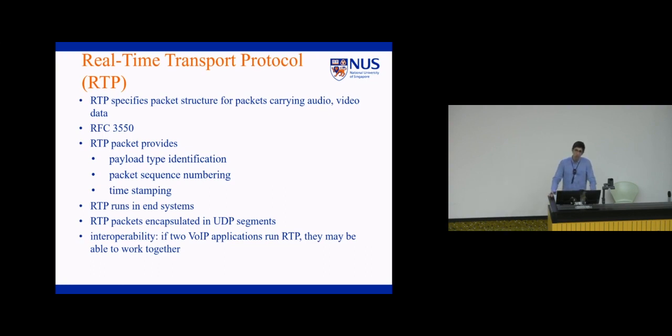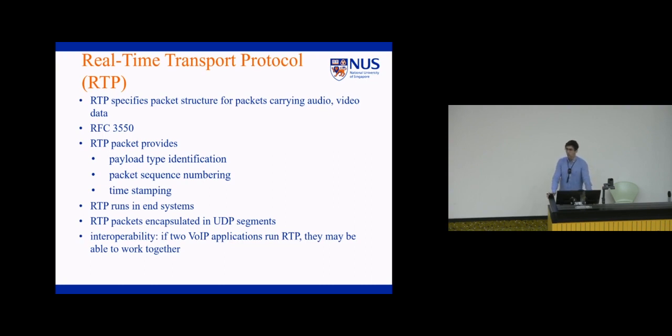But how do you exactly add that sequence number and the timestamp? I mean, where in the packet do you add it? What is the format to add it? And how does the receiver know that it is there in the packet so that it can use that information to select the correct adaptive playout time?